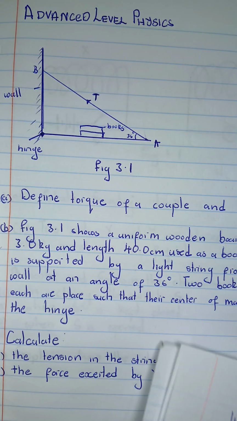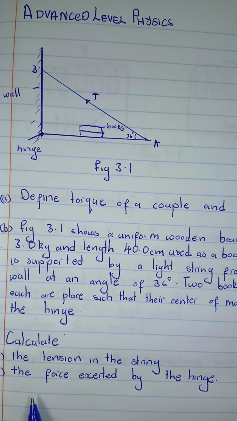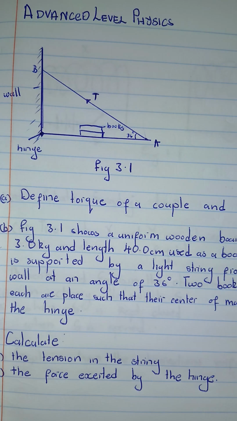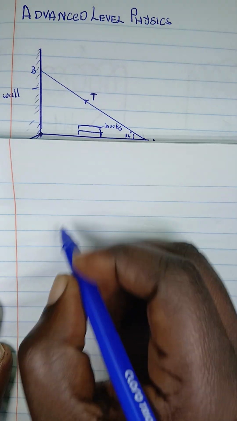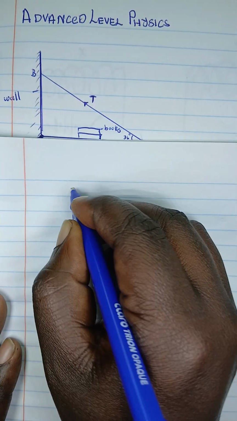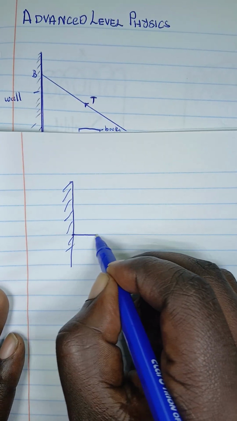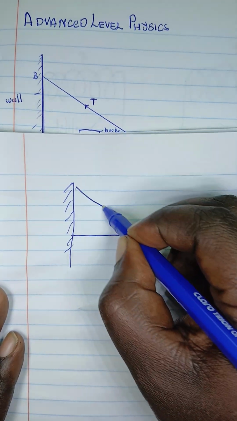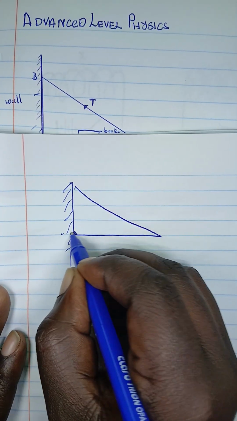So let's move on to the next question. You've calculated the tension in the string. Let's calculate the force exerted by the hinge. So let's draw a diagram here. This is the wall, this is the board, this is the string, and this is the hinge.